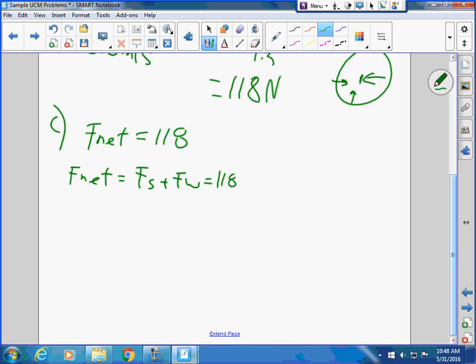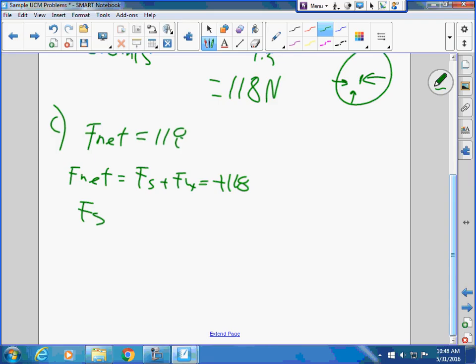Now you have to think about what direction the centripetal force is at the bottom. It's up, right? So that 118 is going to be positive. Okay, so we're solving for the string force.